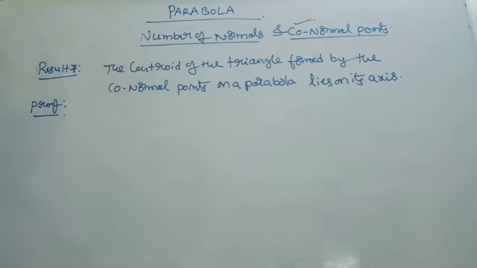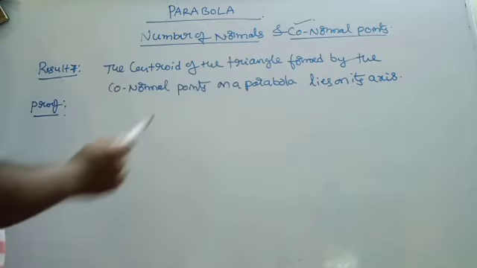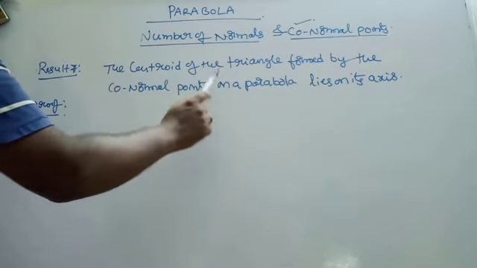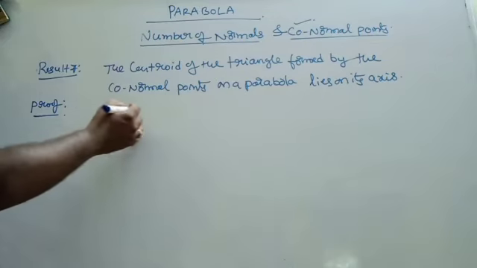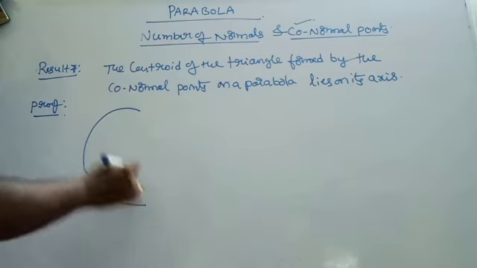Now we have another result, number 7: the centroid of the triangle formed by the co-normal points on a parabola lies on its axis. See, my dear students, this is the parabola we are having.